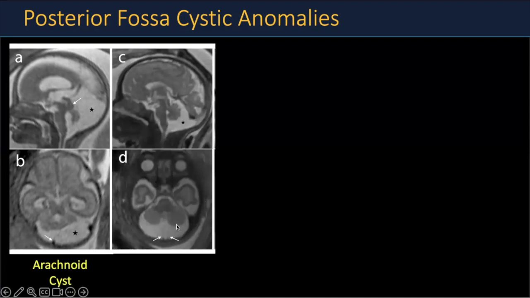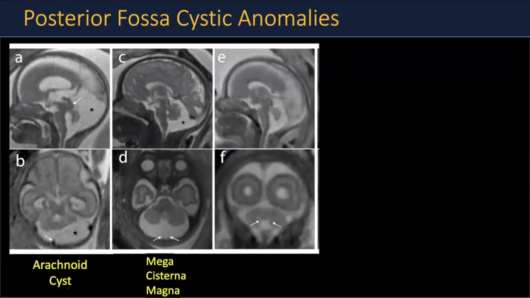In the second case, we can see that the cerebellum and the brainstem are normally formed and not displaced. We see duplication of the falx cerebelli and an enlarged cisterna magna. This is what you would say is a megacisterna magna, which is a diagnosis of exclusion, should not have hydrocephalus and normal appearance of the posterior fossa parenchyma otherwise.